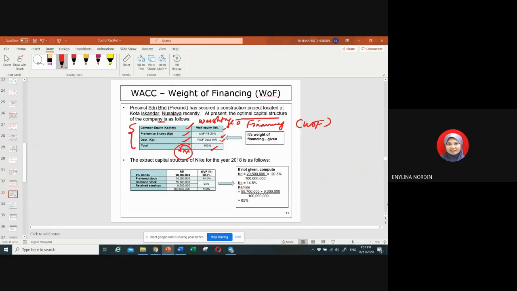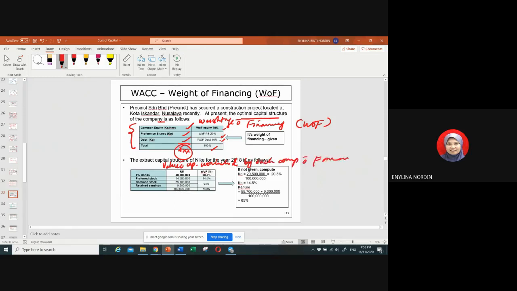Common stock, that is ordinary shares, contributes 55.7 million ringgit, and the retained earnings, the internal fund of this company, only contribute 9.3 million ringgit. So this is the value of the capital contributed by each component of financing.